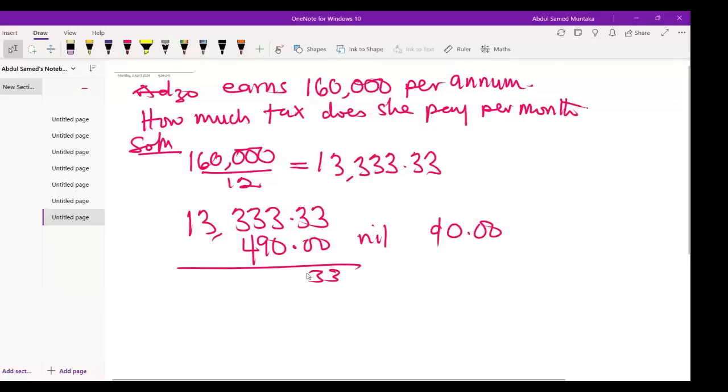If you subtract this, you will get 12,843.33. Okay, Jennifer, Eshan, Samuel, Richard, you say it should be 3,073. Let's all calculate. No problem at all.